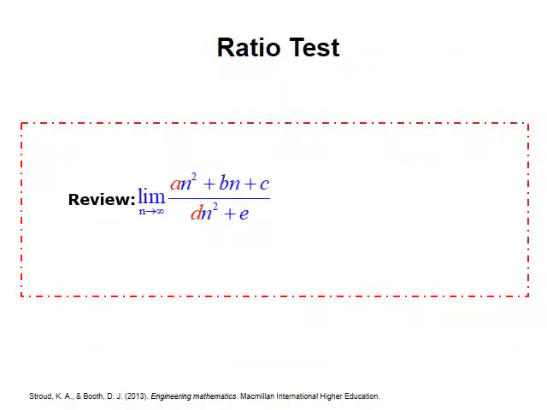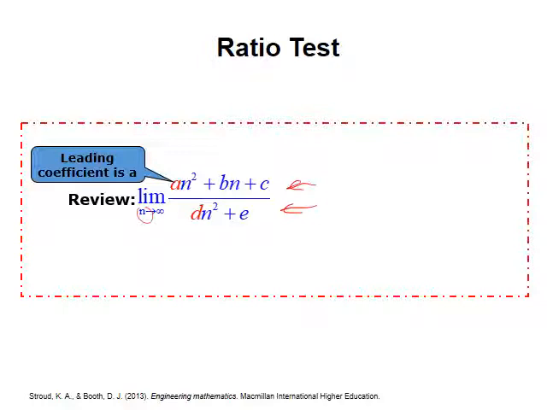Okay. Now, as a review, just to remind you from limits, which you studied before. If we have the limit as n approaches infinity, with a numerator and a denominator, we look at the highest power of the variable n in the numerator and denominator.